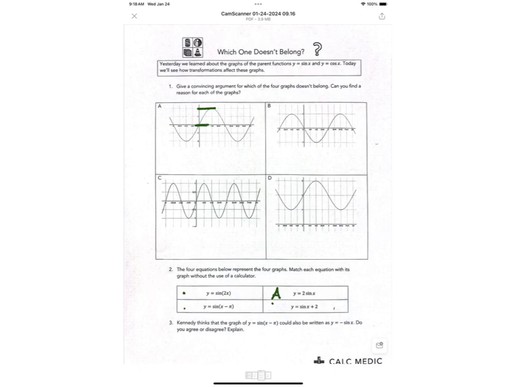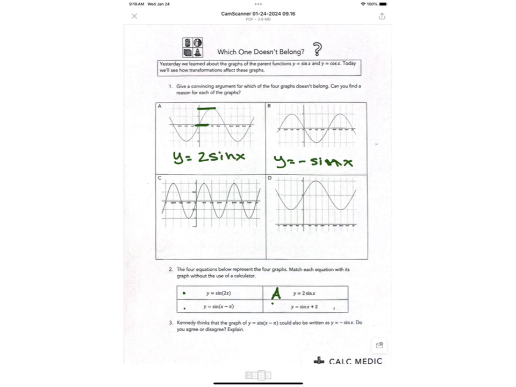Part B, we think this one is y equals 2 sine theta. I heard several people say it's reflected. It's reflected over the x-axis. Y equals negative sine x. I agree with that. So that's down here. Kennedy thinks this is also written as y equals negative sine x. True that. Yes.